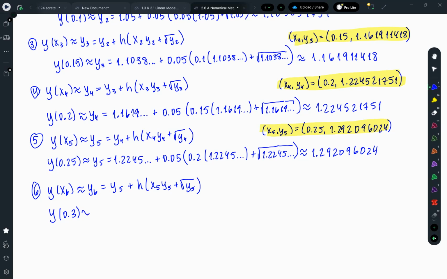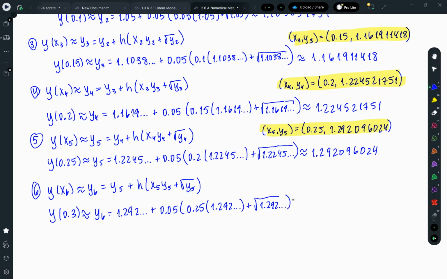Plugging everything in here, we've got y of 0.3, which is what we are after. This is going to be approximately the y6, which is equal to y5, and y5 was about 1.292, plus h, which is 0.05, times the product of x5, 0.25, with y5, 1.292, plus the square root of that 1.292.